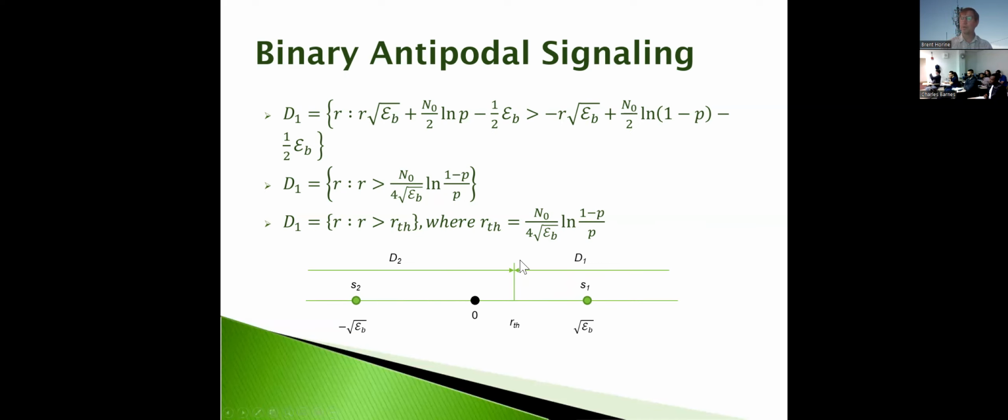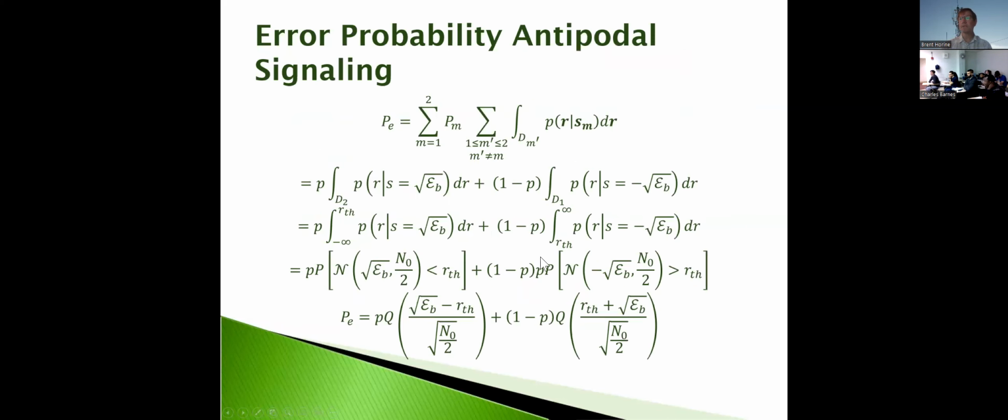Okay, the higher the noise power, the broader that distribution, and the more area under this curve that we're integrating, we're going to have. Okay. So that's what we've described here in this equation.